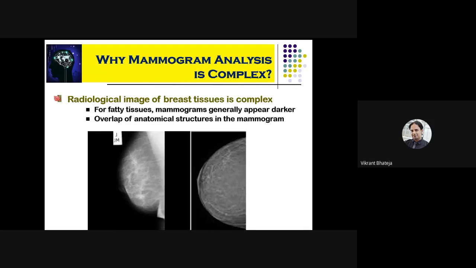But again, there are challenges of overlapping anatomical structures. The complete breast region is a three-dimensional thing, and you are trying to image it in a planar view. So there is lots of proximity, and many anatomical structures can overlap in the mammogram. Because of that overlapping, it becomes very difficult to analyze these images.